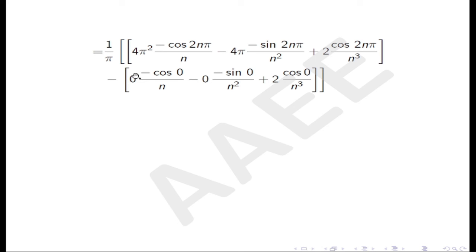Put x is equals to 0, so 0 minus cos of 0 upon n minus 0 minus cosine of 0 upon n square plus 2 cos of 0 upon n cube.